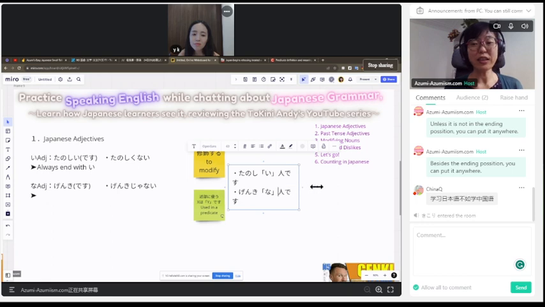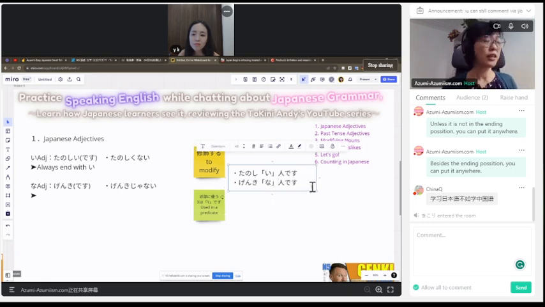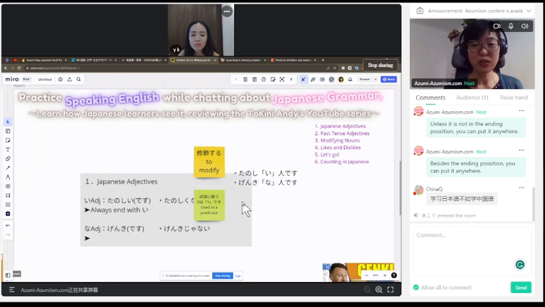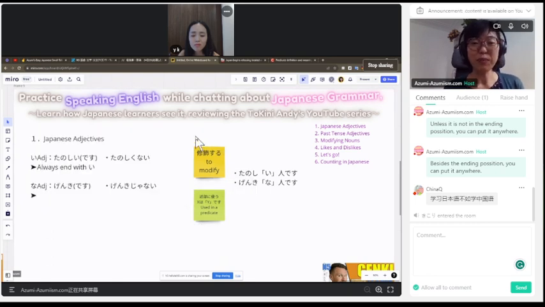Then you can tell, okay. When an adjective modifies a noun and what comes before the noun is e, then it is an e adjective.